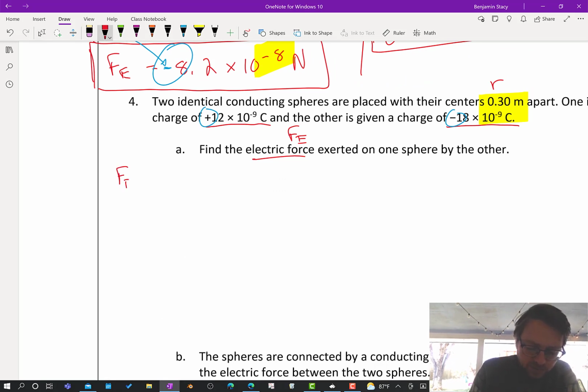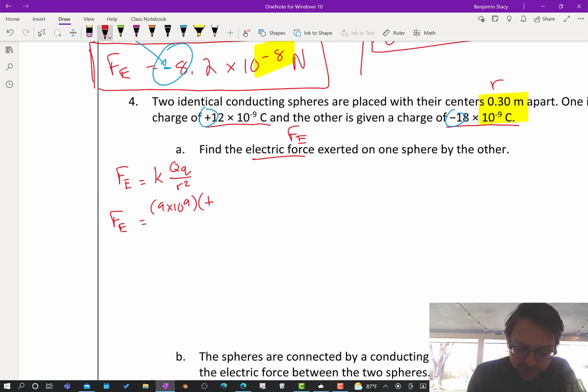So I've got Fe. Always want to show what I'm starting with. That's my Coulomb's law. We're solving or isolating Fe. It's already isolated. So we have these spheres. We've got to get our Coulomb's constant in there. We've got a positive, I'll leave the sign in there, plus, times 10 to the minus 9.